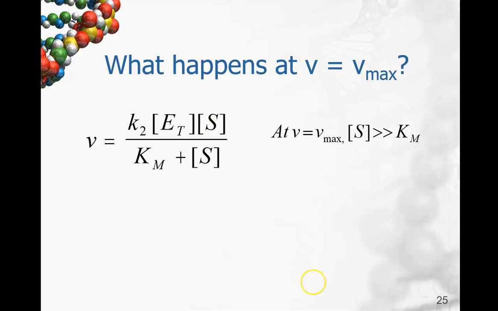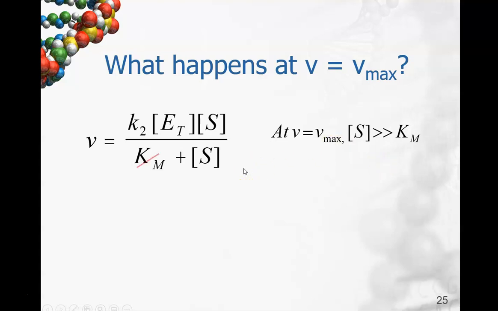So suppose we look at our curve where the velocity is equal to the maximal velocity. At the maximal velocity, the substrate concentration is far greater than the Km.